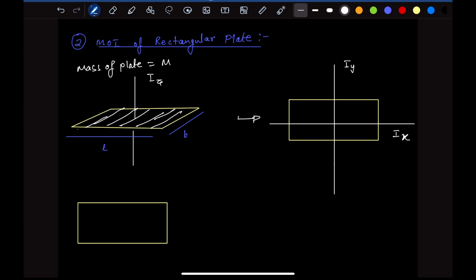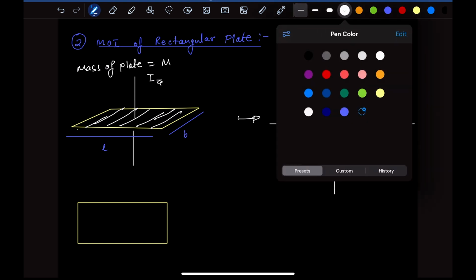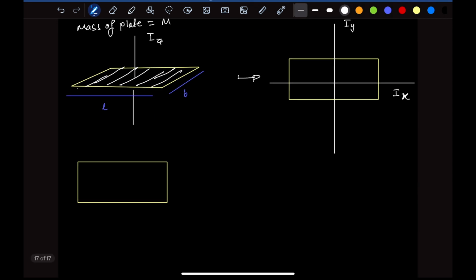Okay, now let's derive it. Let's first find out the Ix. For the x-axis, I can shift the mass parallel to the x-axis. There will not be any change in the moment of inertia. So for the x-axis, I can assume this rectangular plate as a rod whose length is, let's consider, b, and then we are shifting the mass like this. So this will be a rod of length b, and an axis is passing through the center, and that is the x-axis.